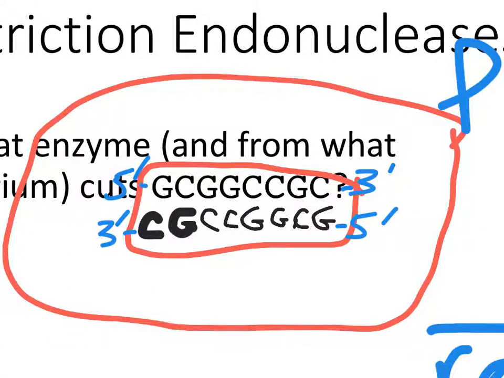I'm pointing that out to you and spending an awfully long time doing so because this is a feature of most, if not all, restriction enzymes, of which there are thousands. Almost all of them, I always hedge my bets a little bit because there's almost never a sure thing in biology, at least almost all of them will recognize a palindromic DNA sequence.